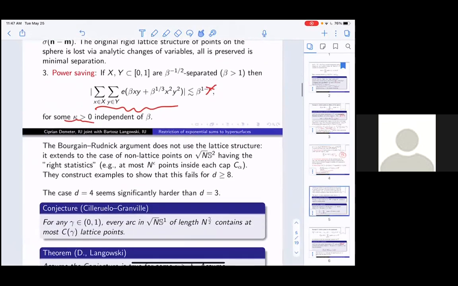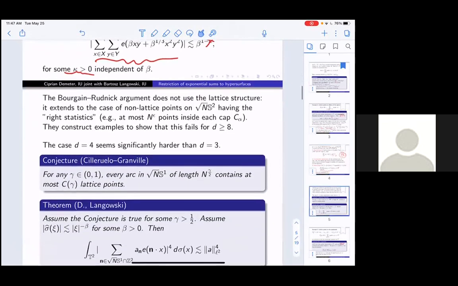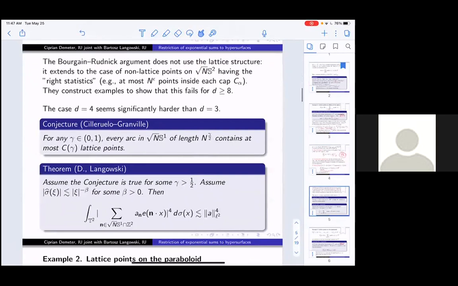So hopefully I got your interest in this paper. I will say that the Bourgain argument does not really use too much about the lattice structure of the points on the sphere. Essentially, it extends rather smoothly to the case when you have some random points on the sphere that have the correct numerology or statistics.